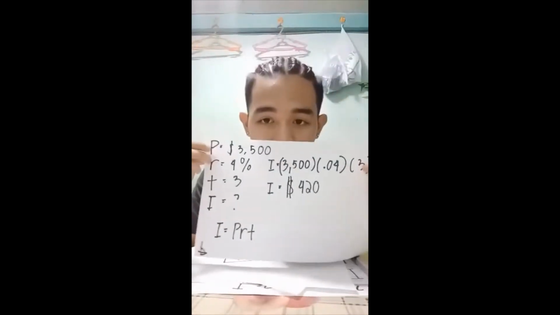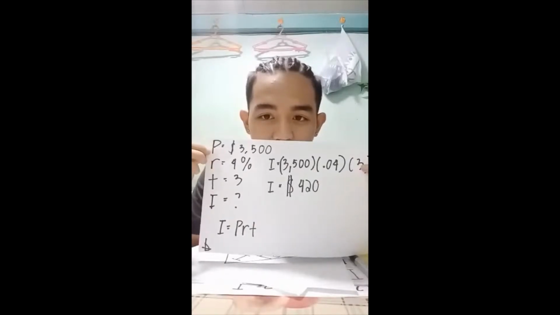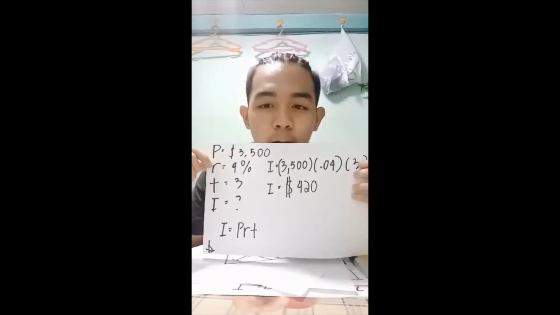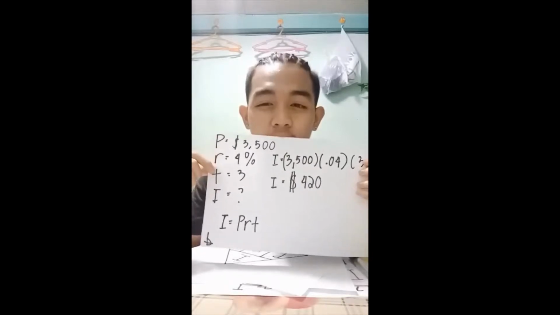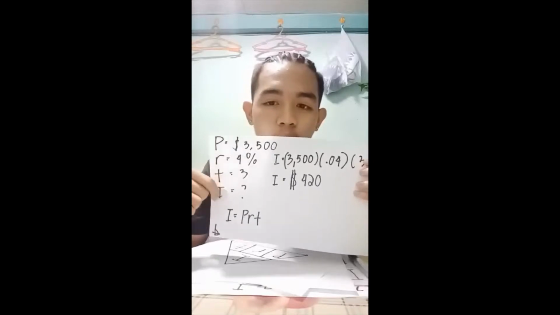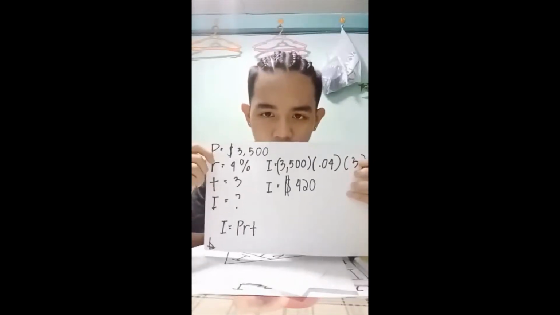So in that case, the interest is missing. 3,500 is our principal value. The rate is 4%. The time is 3 years, and this is what we are missing, the interest.